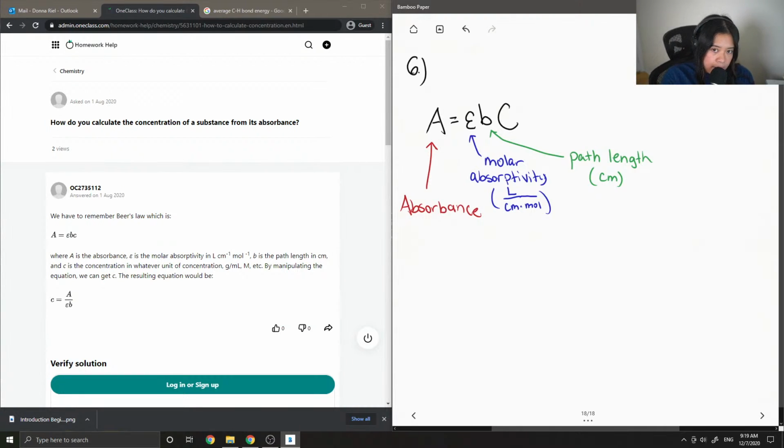And then C is concentration, which is in moles per liter.